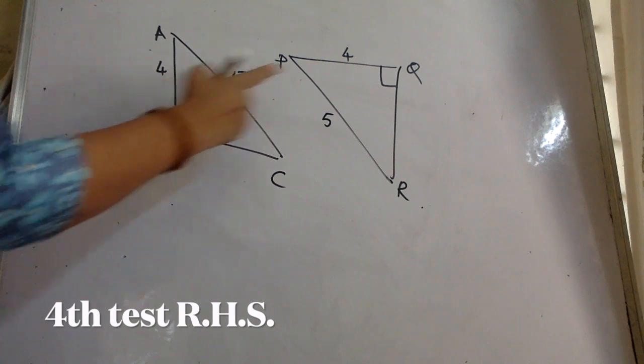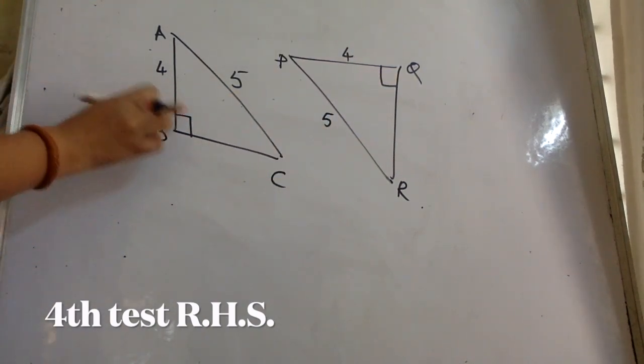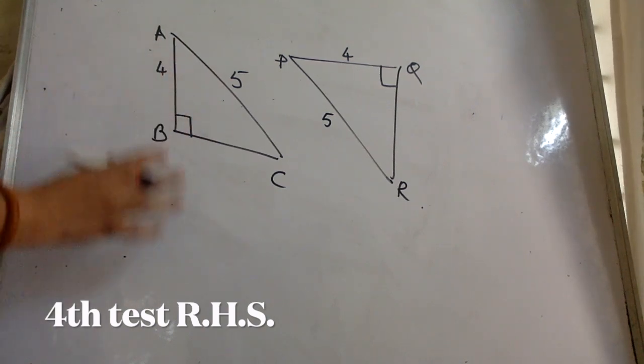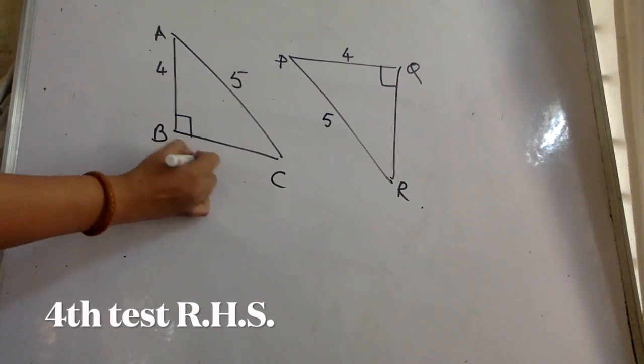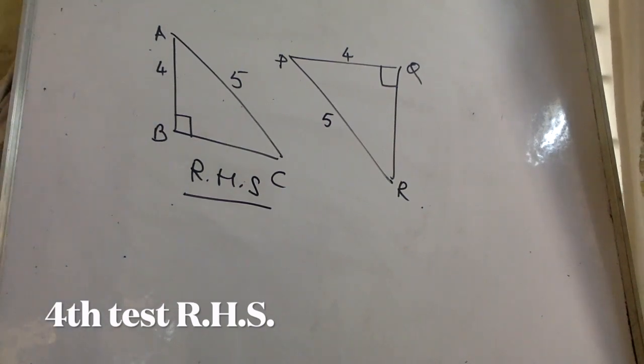So the triangle contains 90 degrees, one hypotenuse, and any one of the other two sides equal. Here the case is the same. So we can say that the two triangles are congruent by RHS.